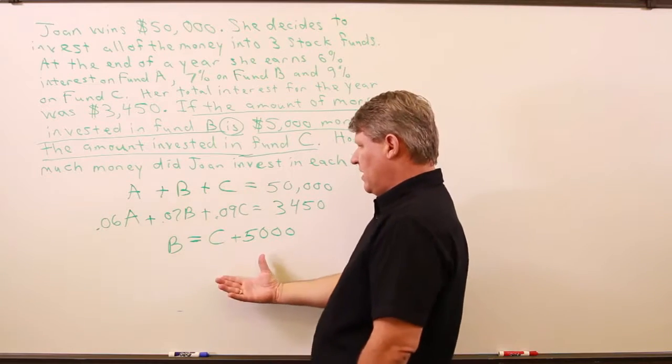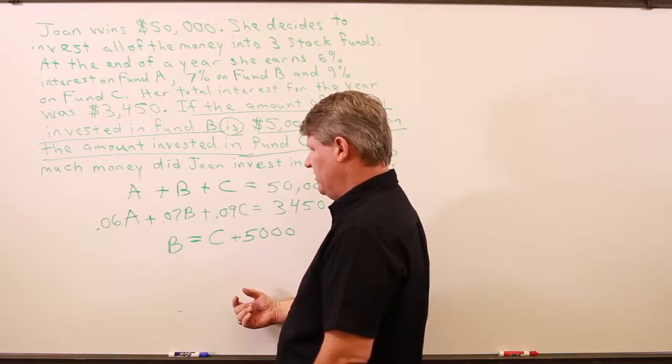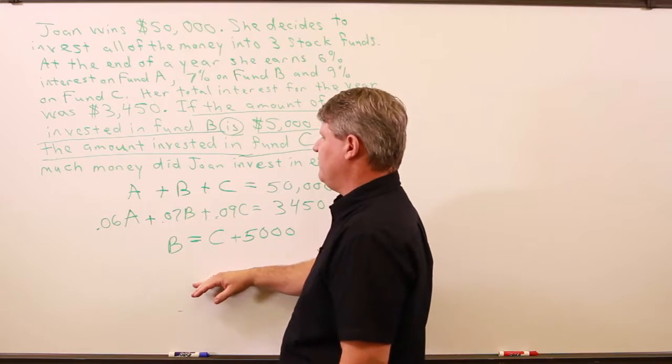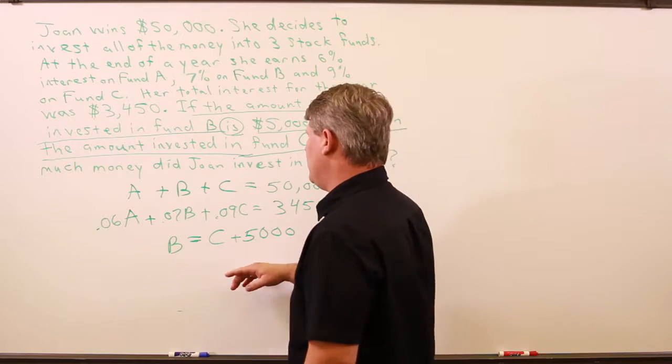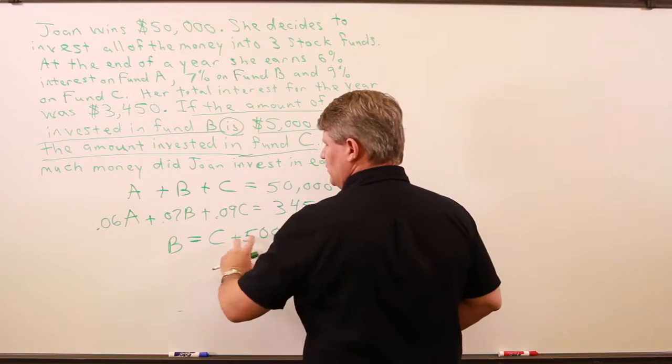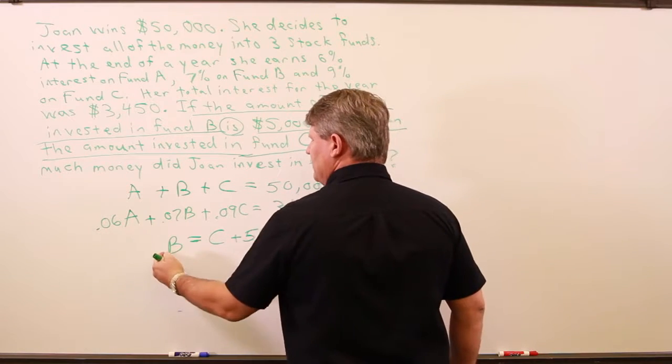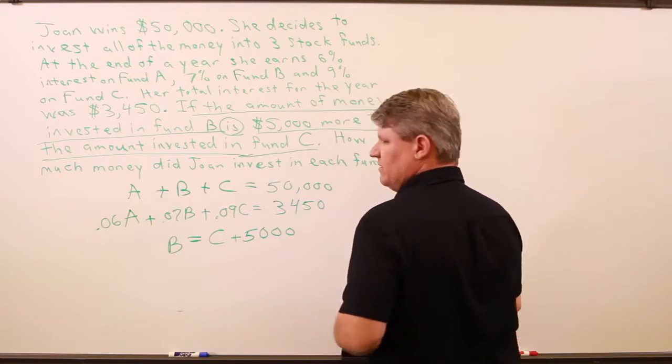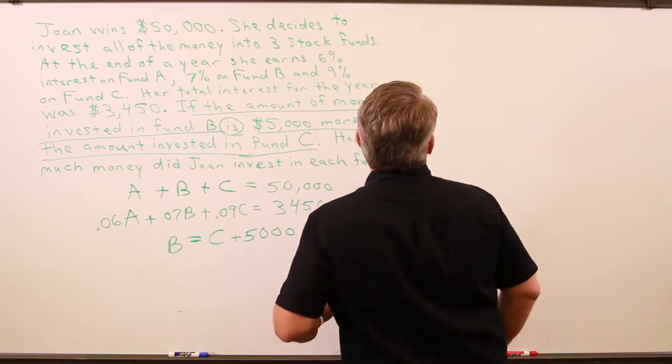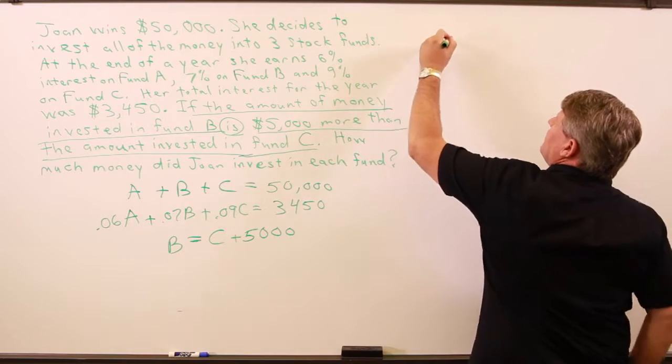Now, there are a couple of different techniques we could use to solve this. I'm going to go with the traditional technique for solving 3 equations and 3 variables, but one of the things I'm going to want to do is rewrite my third equation so that my B and C are both on the left side and the 5,000 will be on the right. I'm going to go ahead and rewrite my equations up here.